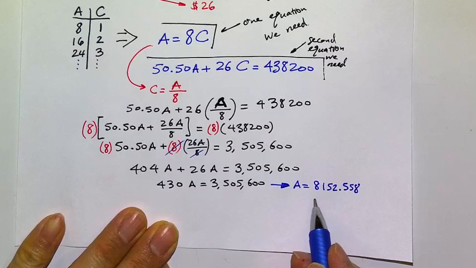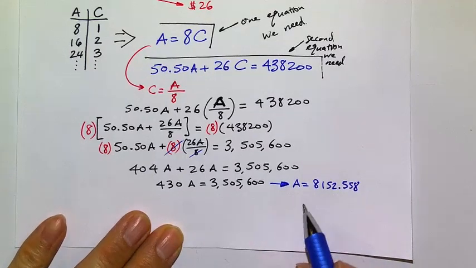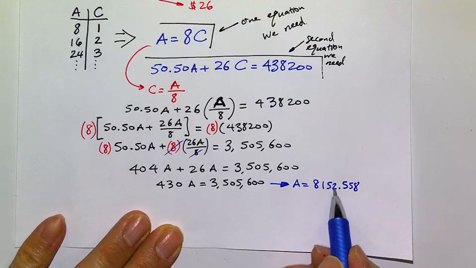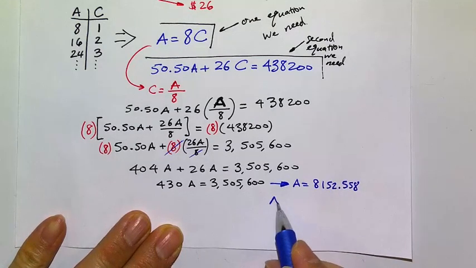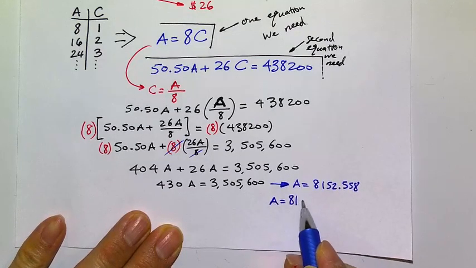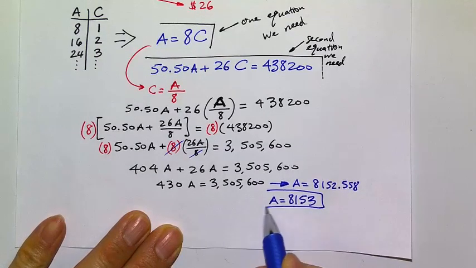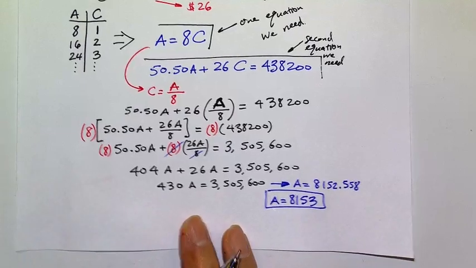But let's round this to a number of adults. So this is 5 or larger, so we're going to round this up to 3. So A is equal to 8,153 adults took the ferry that weekend.